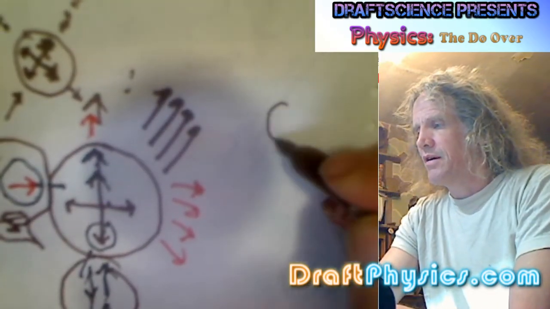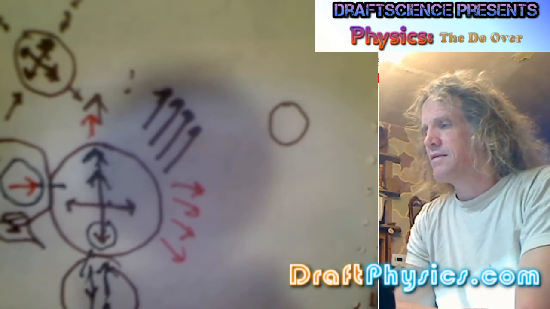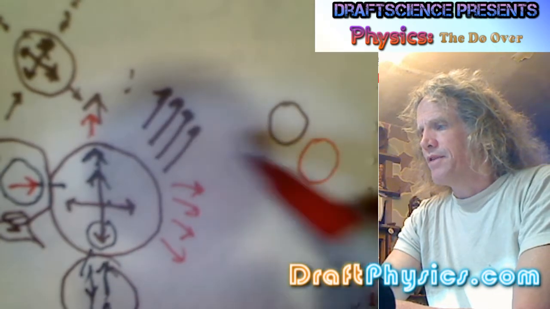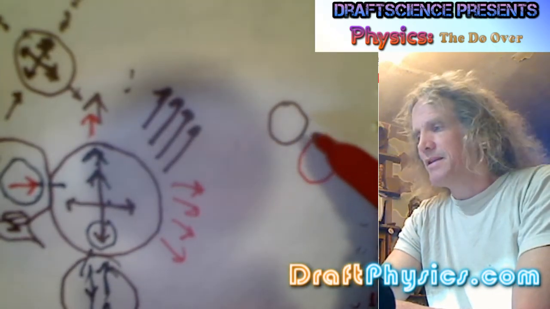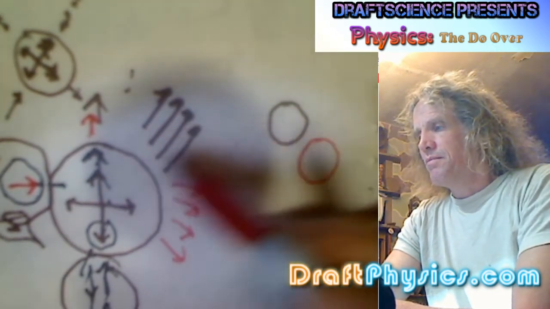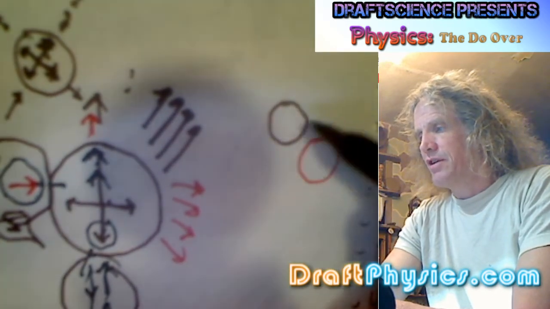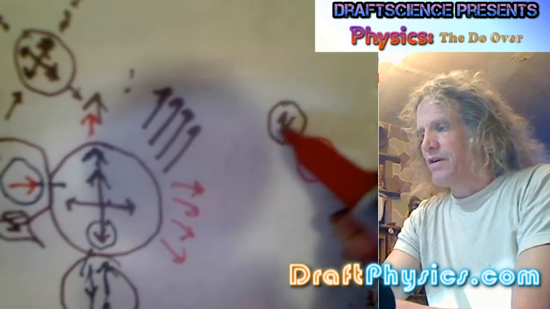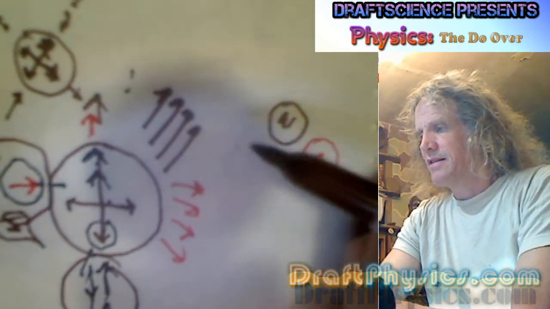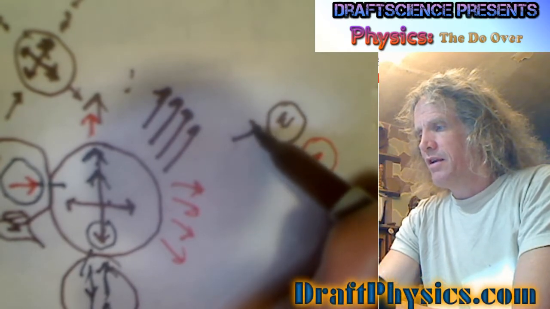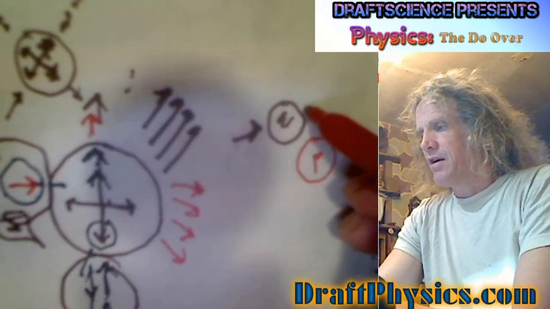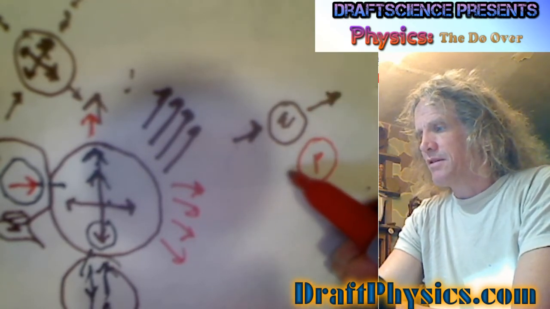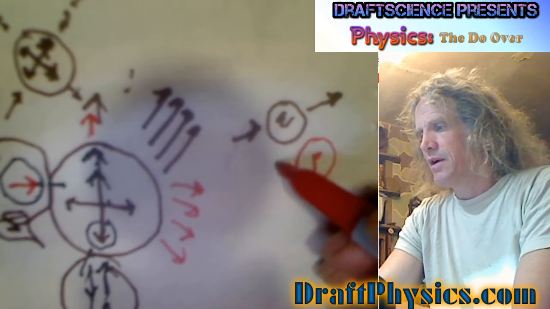So if there were electrons and protons, we'll make the proton red. If this electron-proton arrangement is getting hit by the black energy, the electron energy, we'll mark it electron, proton, you could understand that the brown energy as it hits it is going to push the electron this way, and it's going to do the opposite to the proton, which will end up moving this way.